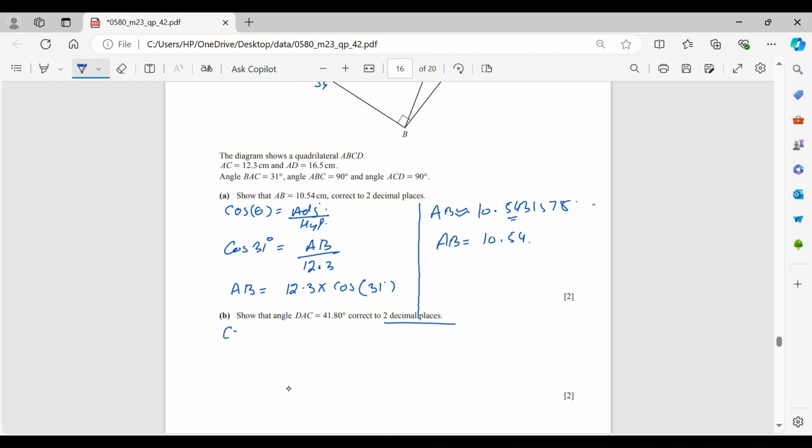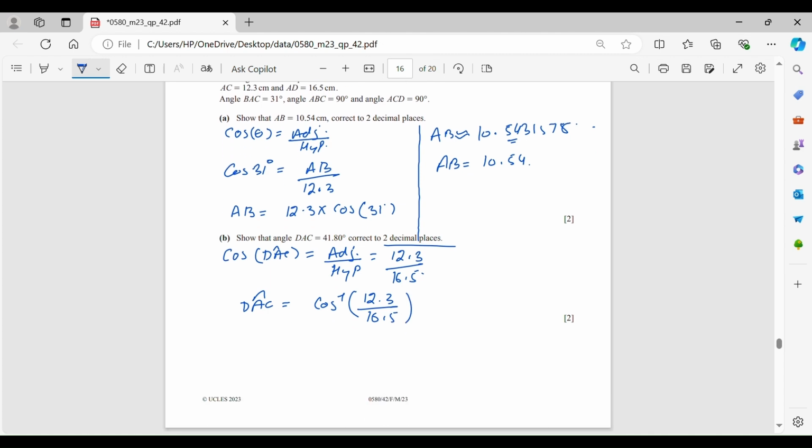Cos of angle DAC will be equal to adjacent over hypotenuse. Adjacent here is 12.3 over 16.5, hypotenuse is 16.5. So DAC angle will be equal to cos inverse of 12.3 over 16.5.